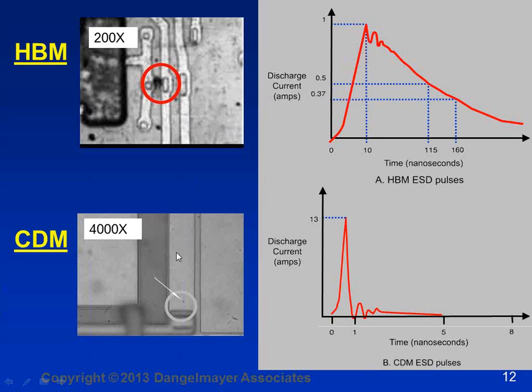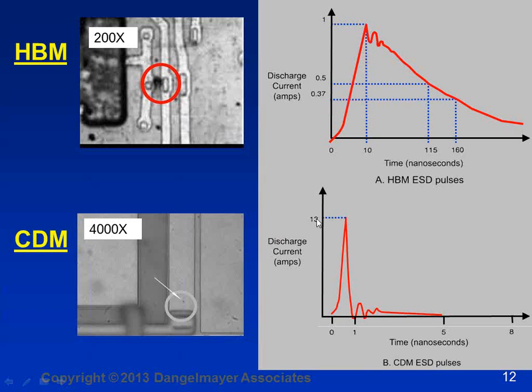CDM and the damage resulting from it is substantially different. You can see here at 4000x a microscopic pinhole. This is characteristic of the CDM event. And if you look at the stressing current, it makes sense because we're looking at a 1 nanosecond transient with rise times in picoseconds. In fact, the rise time is so fast that even with today's high-speed scopes, we have been unable to fully capture the rise time.